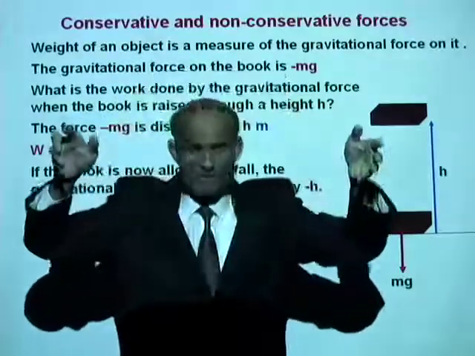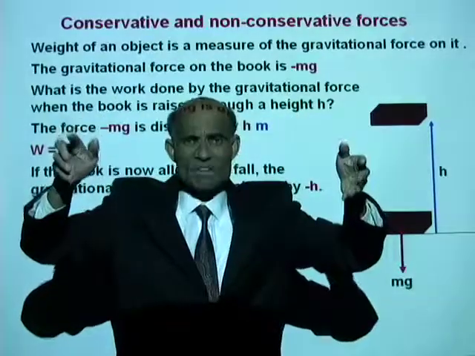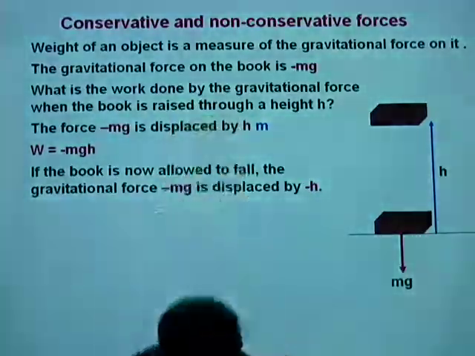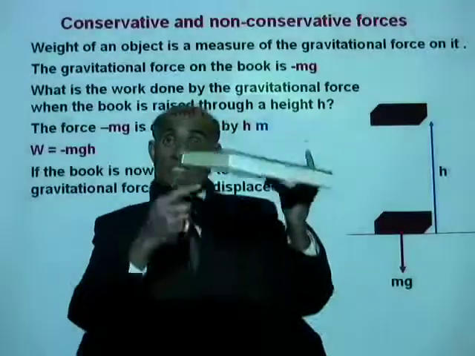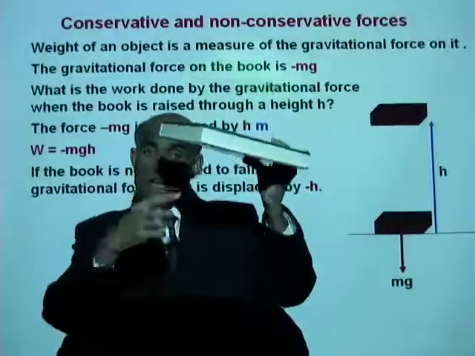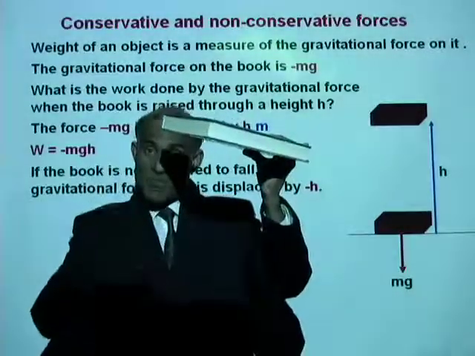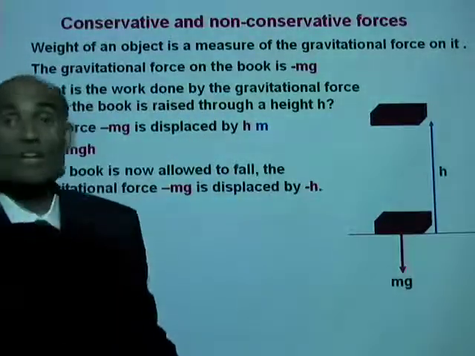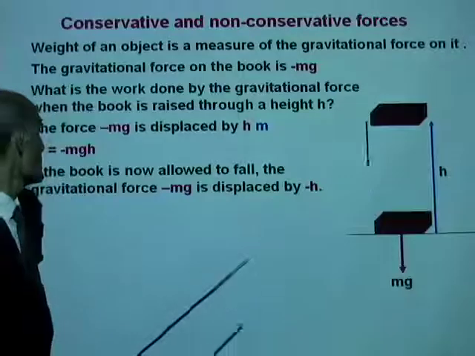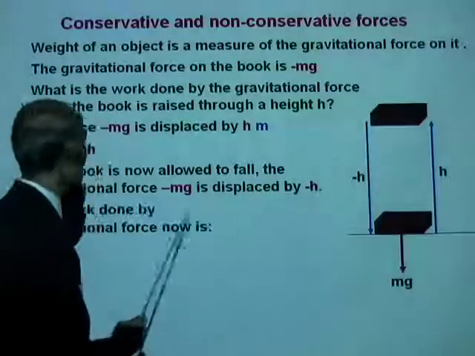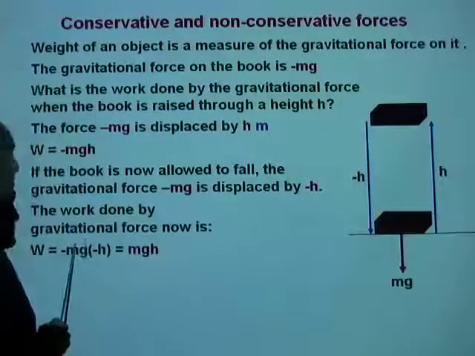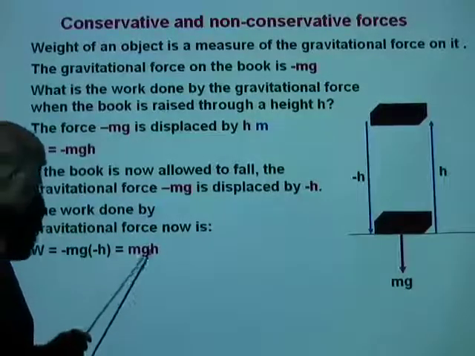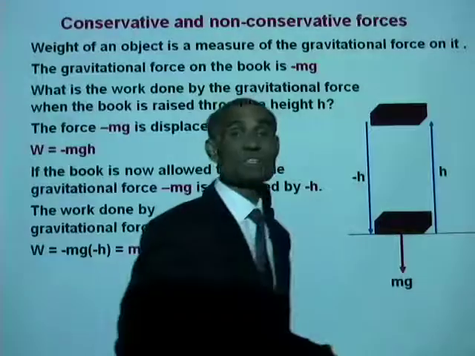Displacement is downward. There you are. It's negative h. So what is the work done by gravity in this case? The force negative mg has been displaced by negative h. Therefore, the work done in this case will be negative mg times negative h, which is positive mgh.